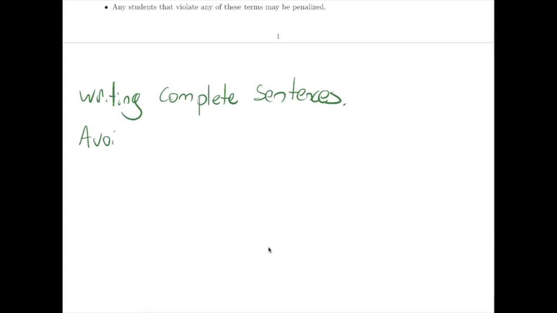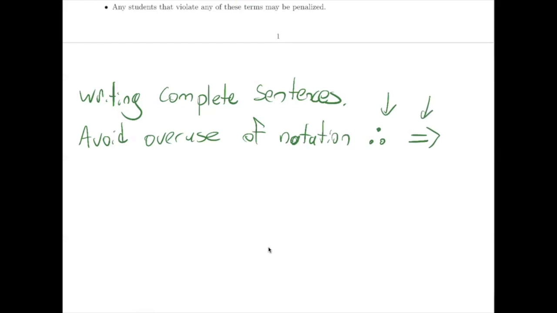These are not unrelated things. I don't think I've ever used that symbol in a proof, so I don't want to see this in proofs. You can say therefore or thus for this, just write out the word. You can say implies for this. So just be sure that you're writing out those words.